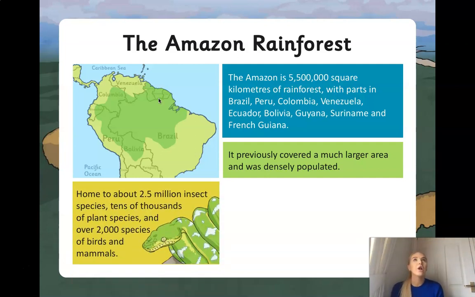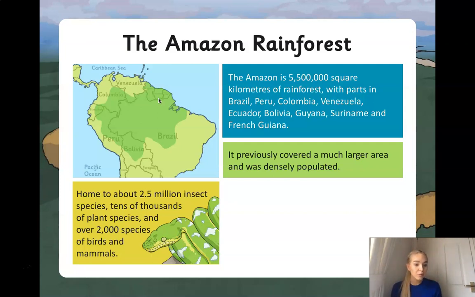So we know there are loads and loads of different types of plants and animals, but actually, did you know how many there were that exist in the Amazon rainforest? In the Amazon rainforest, there is about 2.5 million insect species, tens of thousands of plant species, and over 2,000 species of birds and mammals. So that is so many different species. It's not saying there are 2.5 million insects.